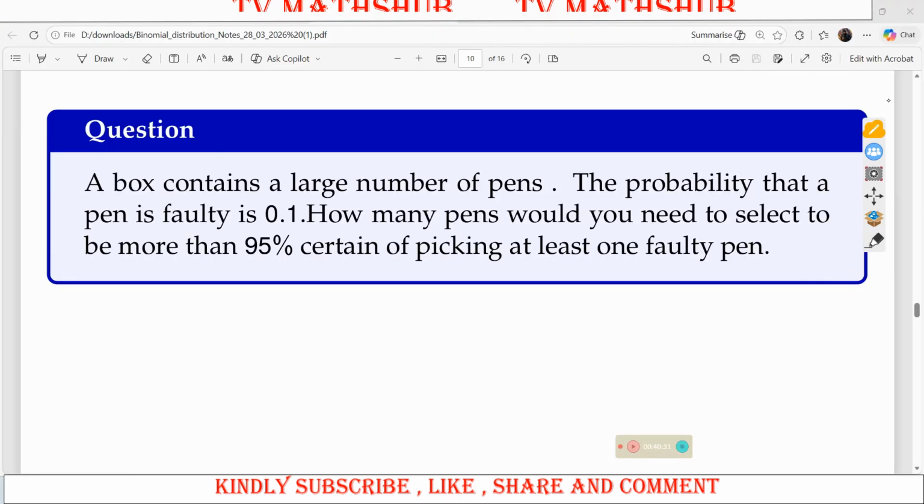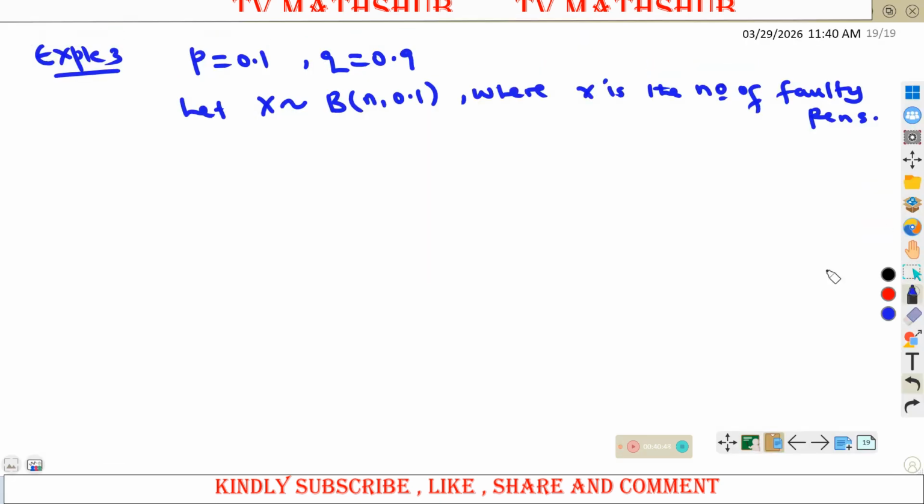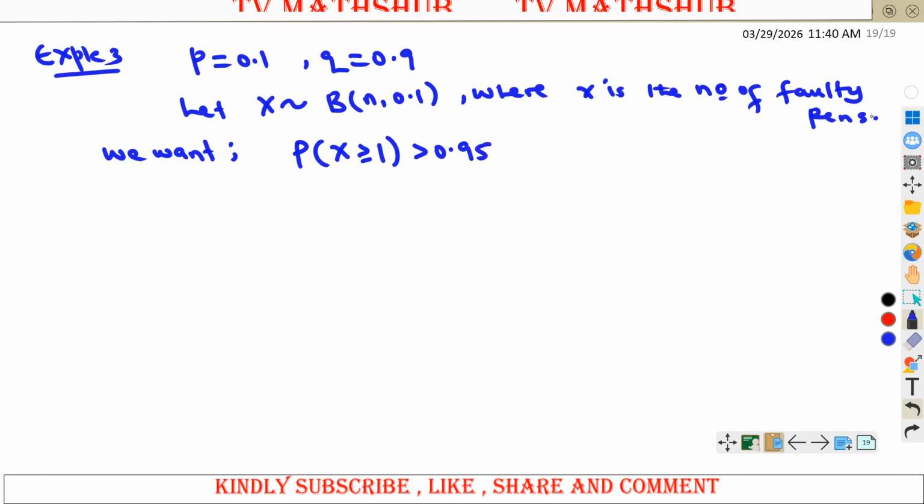So what we are interested in is to get the value of n such that we are more than 95% certain of picking at least 1 faulty pen. So what we want is the probability of picking at least 1 faulty pen to be more than 95%. That is 0.95. That is exactly what we need.